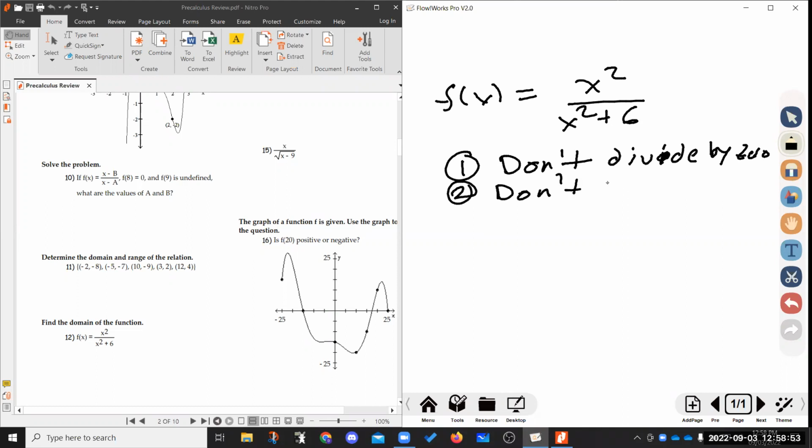Don't take even roots of negative numbers.